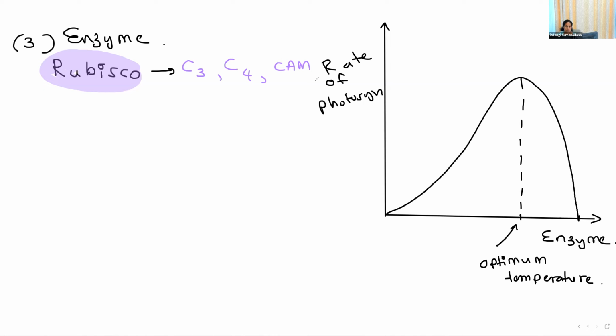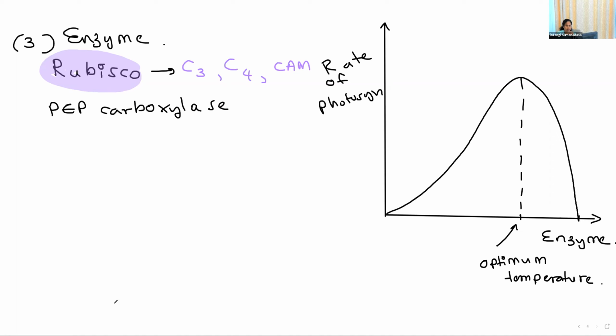Write down another enzyme other than the Rubisco. So it's not present in every single plant, right? It's going to be an adaptation to live in hot and dry environments. So this enzyme is the PEP carboxylase.